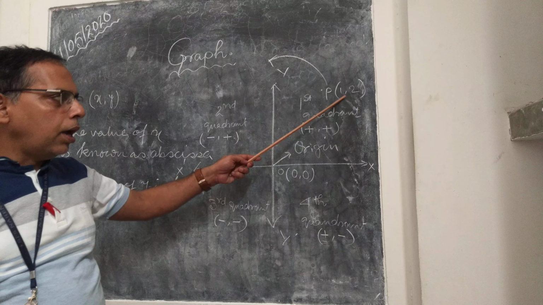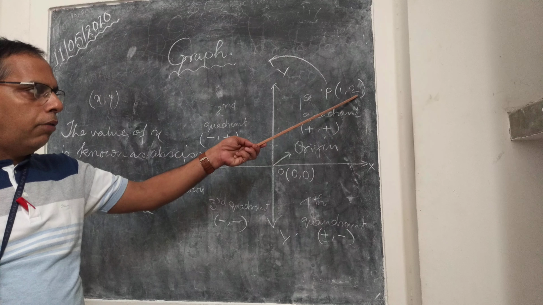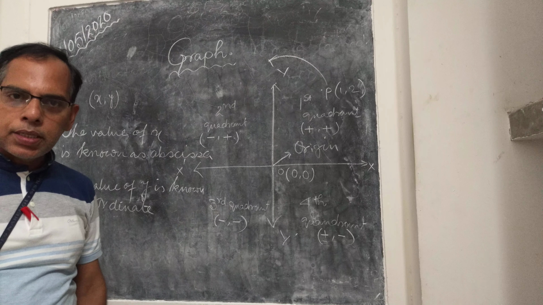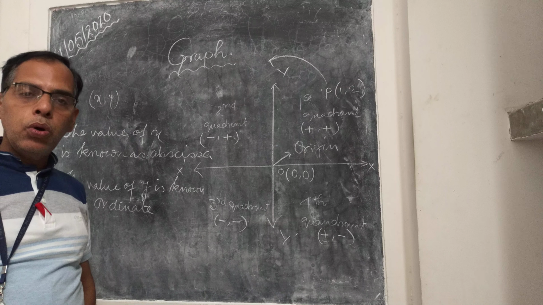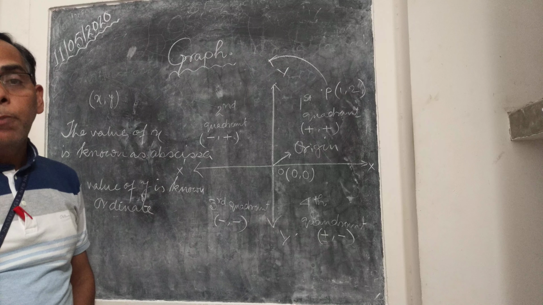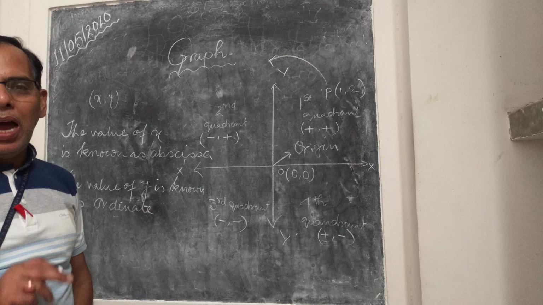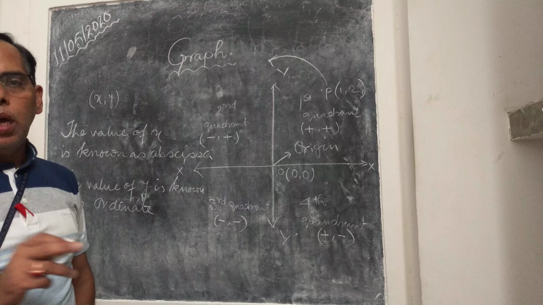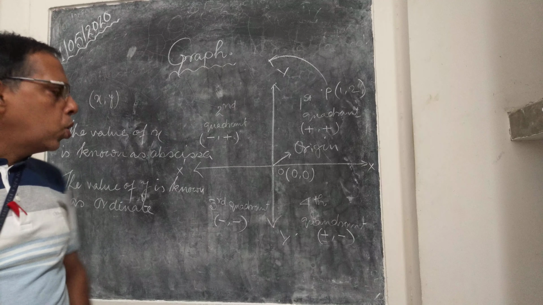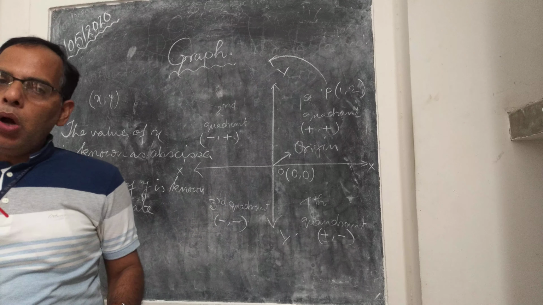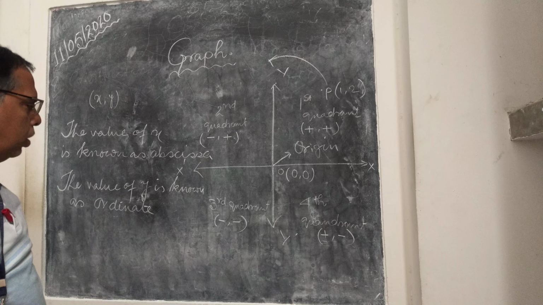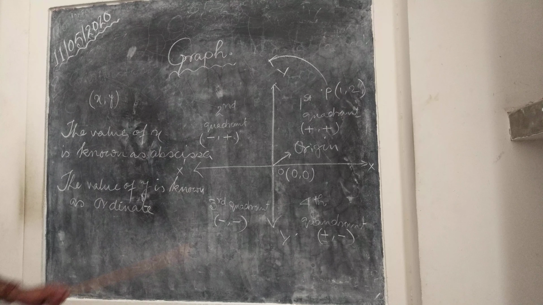So what is the abscissa here? Abscissa is 1. What is the ordinate? Ordinate is 2. Abscissa, spelling A-B-S-C-I-S-S-A. Ordinate, and coordinate you got. So the ordinate is the value of y.